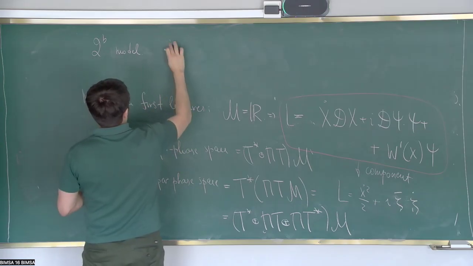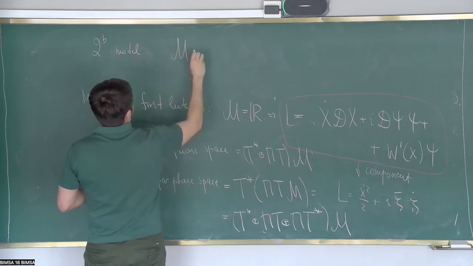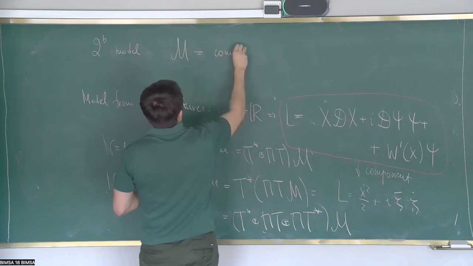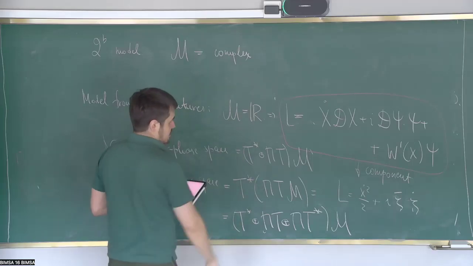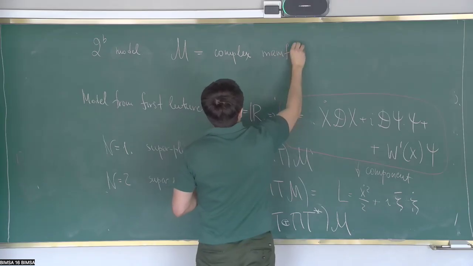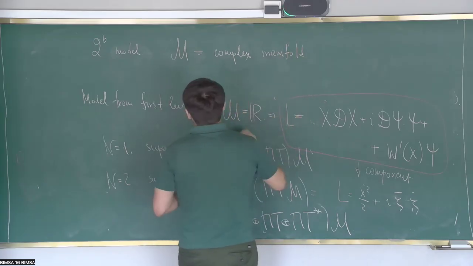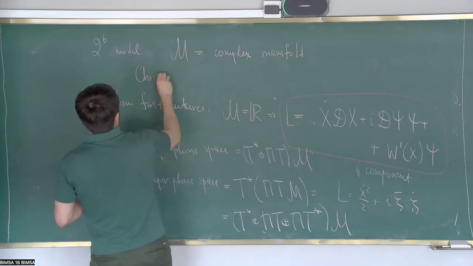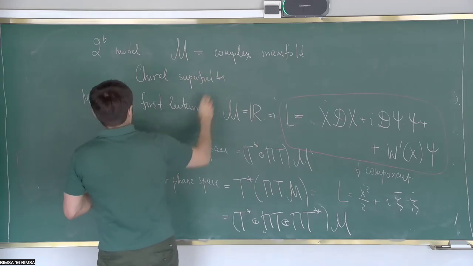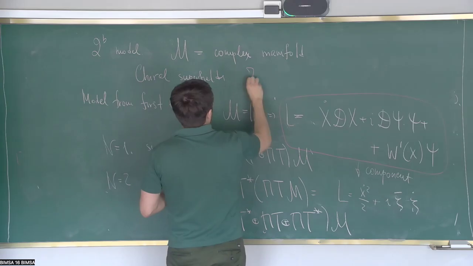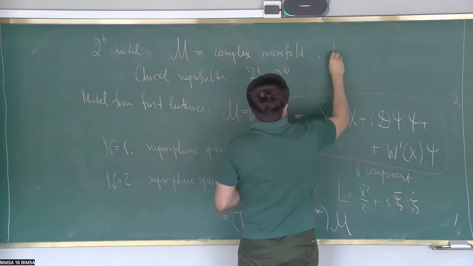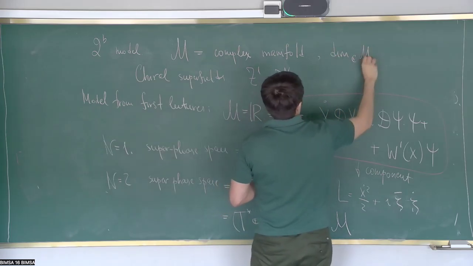M will necessarily be a complex manifold. This model works for any manifold. The 2A model will have a complex manifold with chiral superfields that play the role of complex coordinates. The complex dimension of M is n.